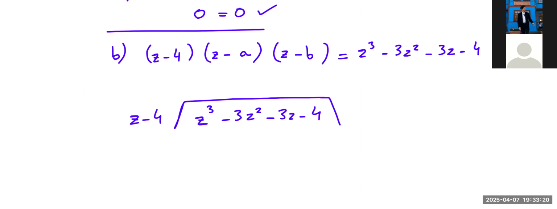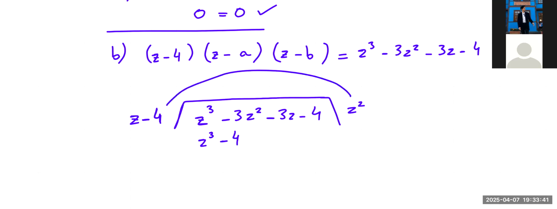I do on the top, does that leave me with z squared? Let's start with that. So z squared, which leaves me with what here? z cubed, and then minus 4z squared.